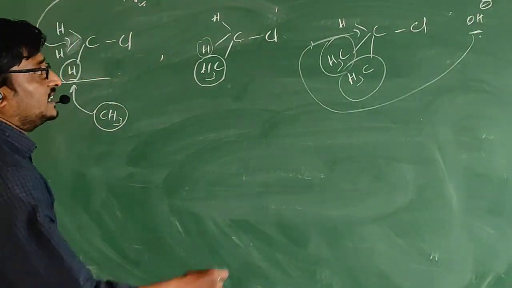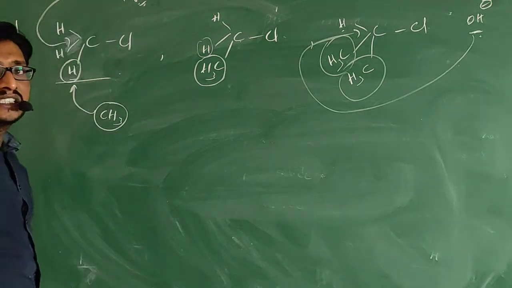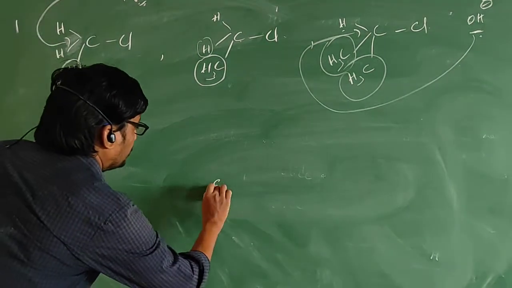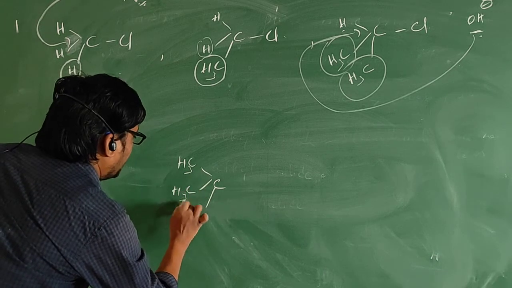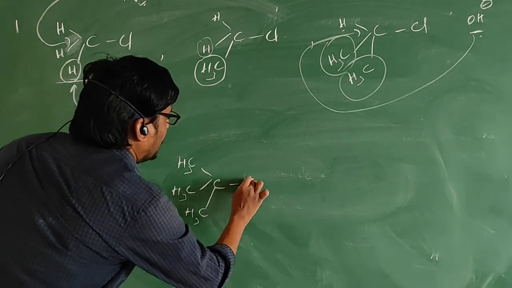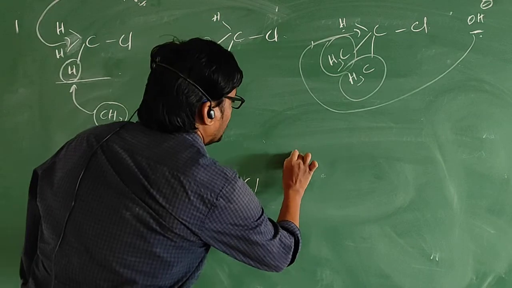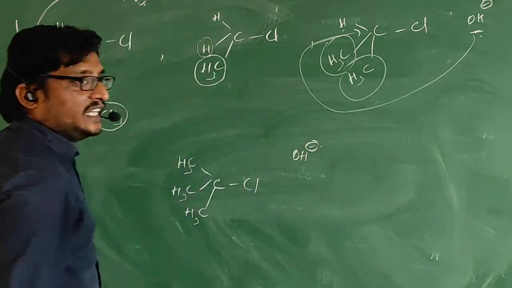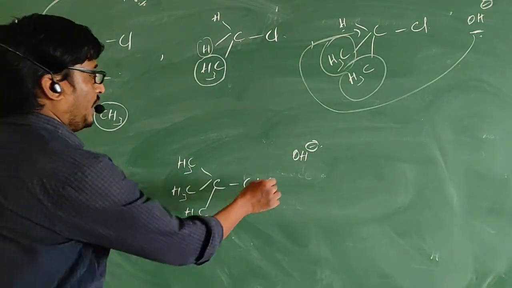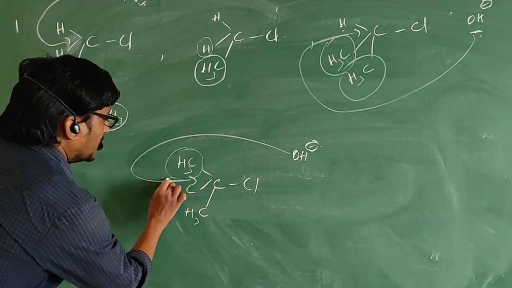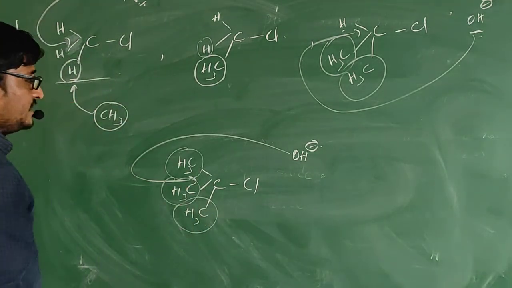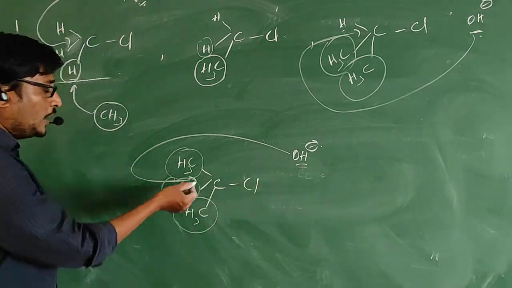Let us see the third hydrogen also getting substituted by the methyl group. Then the nucleophile will feel more difficulty to attack the carbon, because these three bulky groups will not give space for the nucleophile to attack.